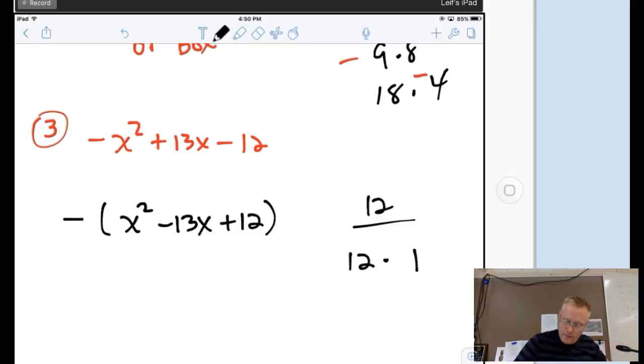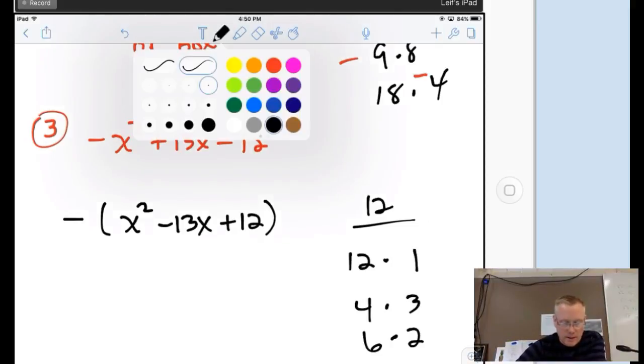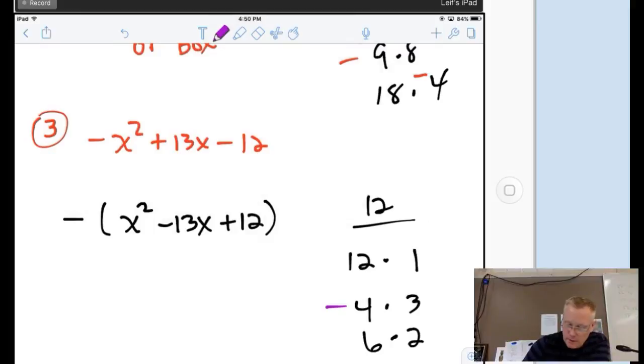Now, I need something to multiply to a positive number and add up to a negative one, which means there's only one way you get that, and that's if they're both negative. If I took negative 6 times negative 2, that would give me positive 12, and if I add them together, I get negative 8. So that happens sometimes like this.